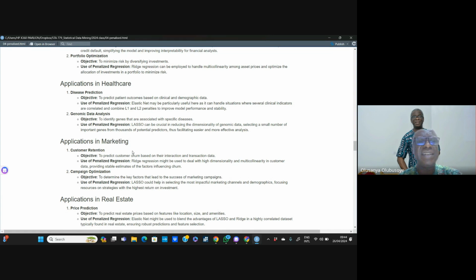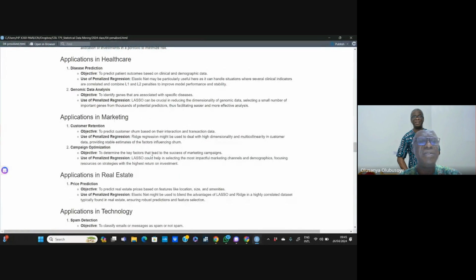In customer retention, you want to predict customer churning based on their interaction and transaction data. Let's say in communication, whether customer will move from one network to another network. Campaign optimization, to also determine the key factors that lead to success of market campaigns.